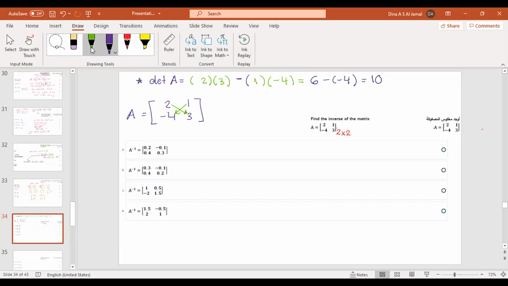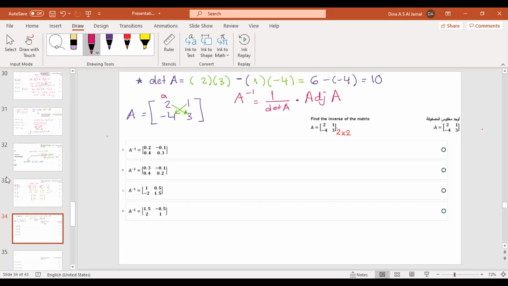Good. So the second step is to think of the rule of the inverse. A inverse for 2 by 2 is 1 over the determinant of A multiplied by the adjoint of A. So let's understand, what does it mean to have the adjoint?